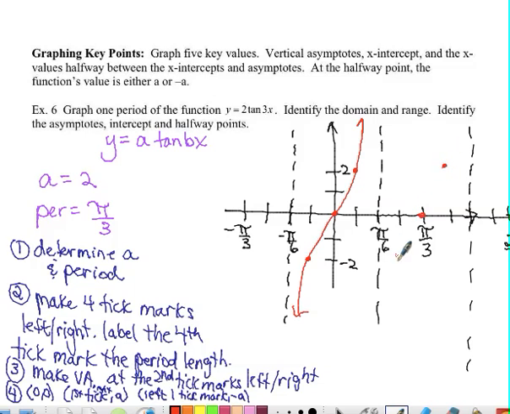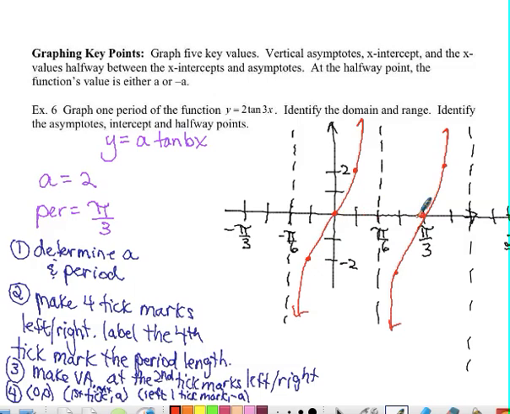And then I could do a 2nd period length of this. And what I want you to notice is the distance between vertical asymptotes is pi over 3. Pi over 6 plus pi over 6 is 2 pi over 6, which is pi over 3. The other thing that's interesting is that if you notice I have an x-intercept at 0, the next intercept is the period length apart at pi over 3.